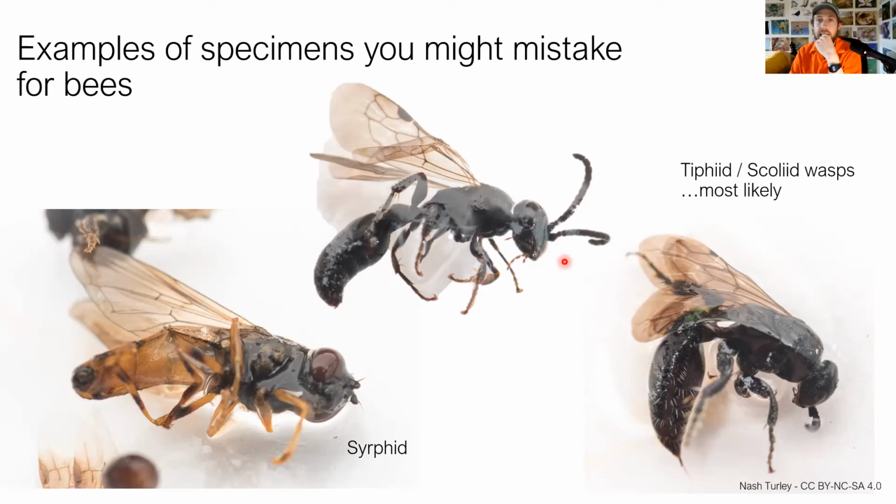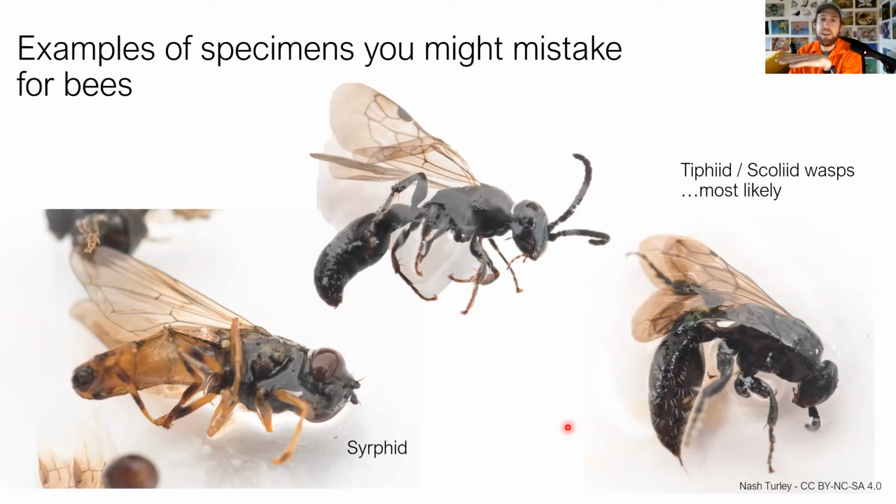Actually, it'd be interesting to count the antennal segments. Maybe it has more than 12. Anyways, similar to this one, it's definitely waspy. It's got a narrow waist, not hairy. If you were to inspect these hairs really closely under the scope, you could probably see that they weren't branched, and that would be another piece of evidence.